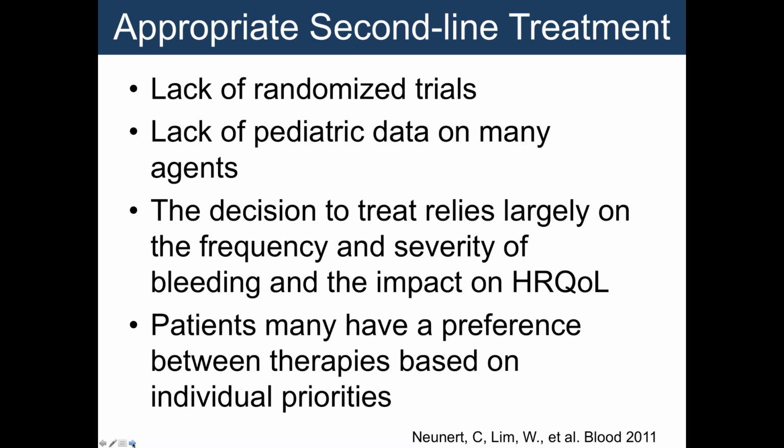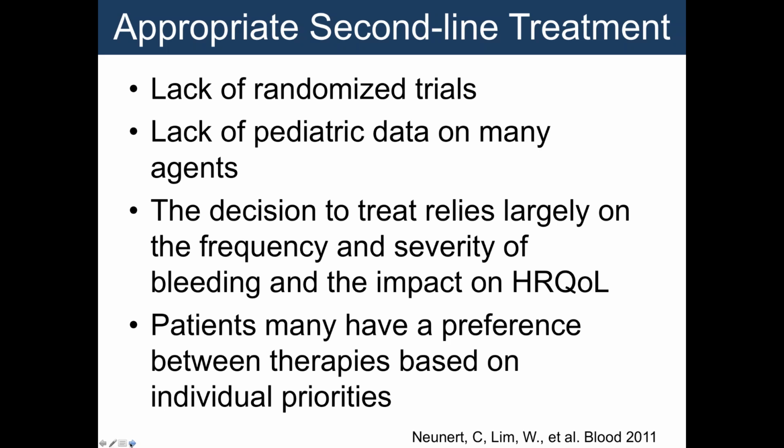A lot of times when I'm talking to a family, I'll always approach the visit the same way. I'll start by assessing if there's any bleeding that requires immediate attention and treatment. Then I'll ask about the impact of the disease on the family, how many things they are having to miss, are there things that the child can't do, what is their anxiety level or their worry level about their child.